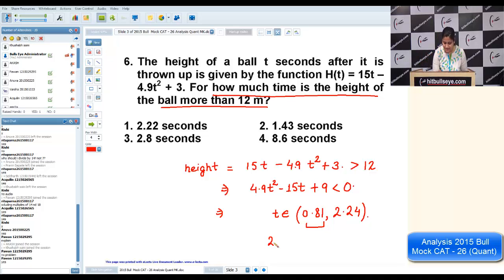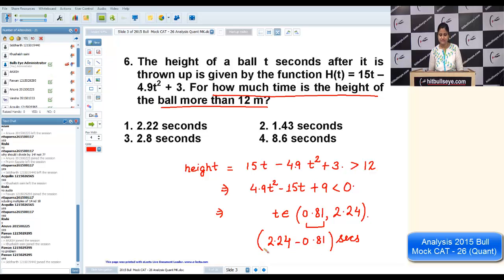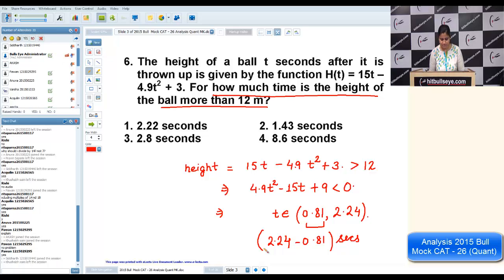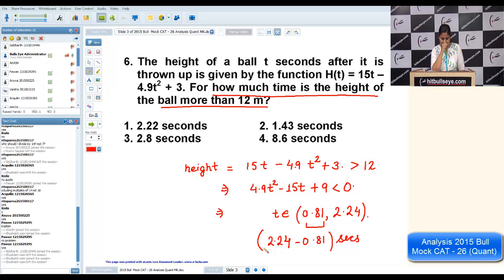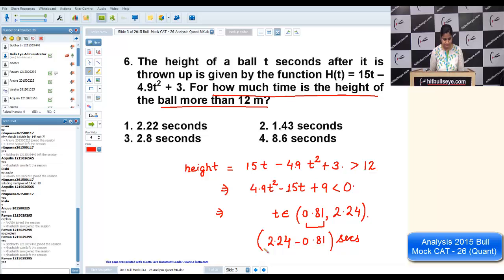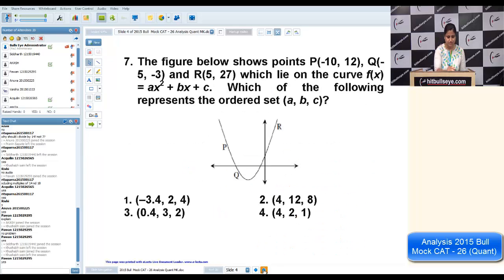It means the answer should be 2.24 minus 0.81 seconds. So for these many seconds, the ball is attaining the required height. Is it okay? Okay, let us move. Here, question number 7.